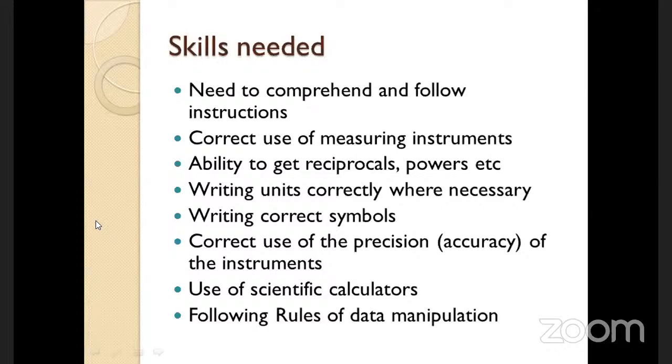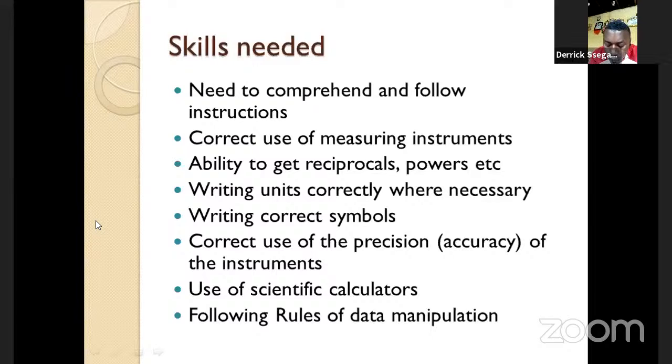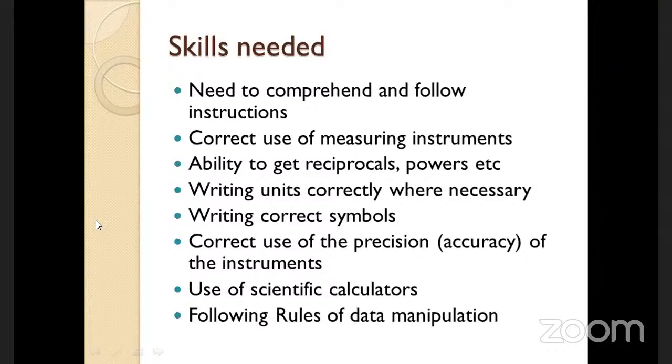Is that okay? For correct calculations, your calculator has to be put on the mode of degree. Many times on the scientific calculator, you see D being displayed. On the small ones that we commonly use in O level, many people continue to use them in A level, but it is advisable you use the other type. You find it puts there DEG. So that's what you are expected to use.